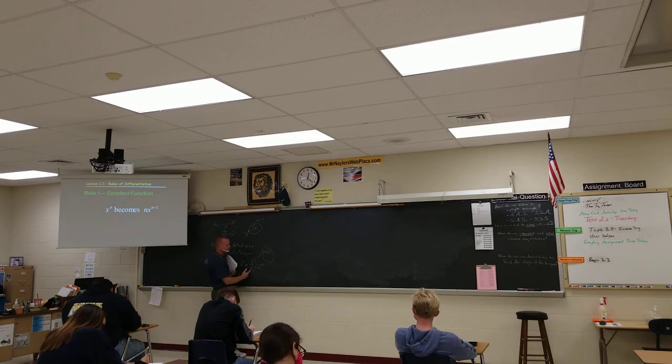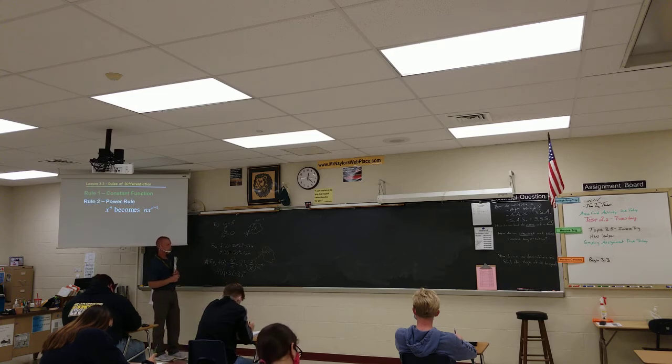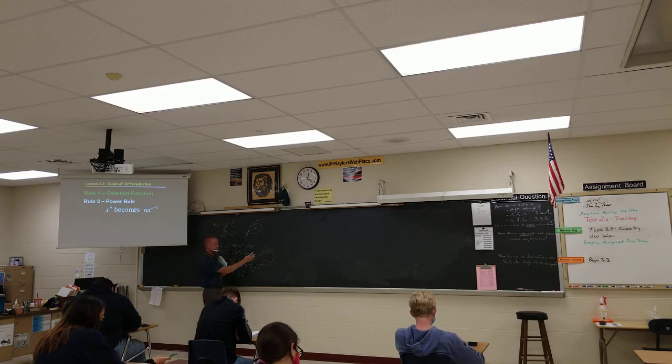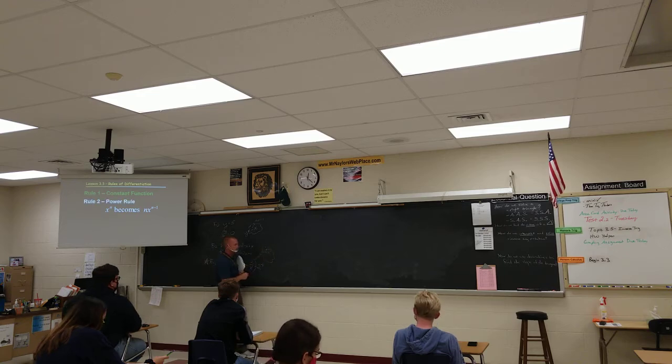Now look what I did here. I interpreted an exponent in the denominator as a negative exponent. Now, there'll be a time where you guys start to do that in your head, but maybe it's something you want to write out off to the side, because 2x to the negative 2 is what I'm going to do the derivative of. Of course, using the rule, you would get negative 4x to the negative 3.